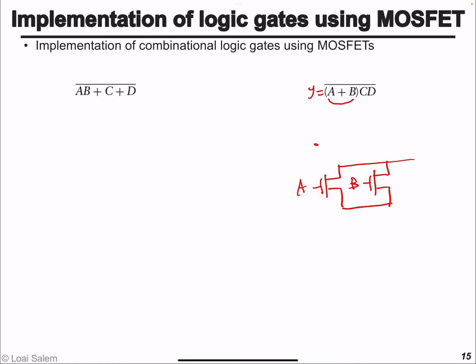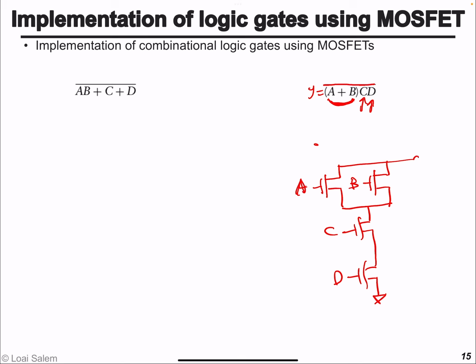And then A or B is ANDed with C and D. So ANDing is connecting transistors in series. So transistor C will be in series and transistor D will be in series. And that's the only time the output will be connected to the ground.